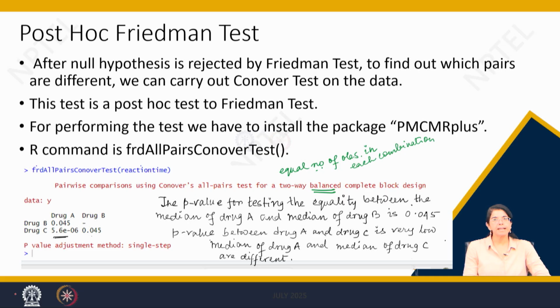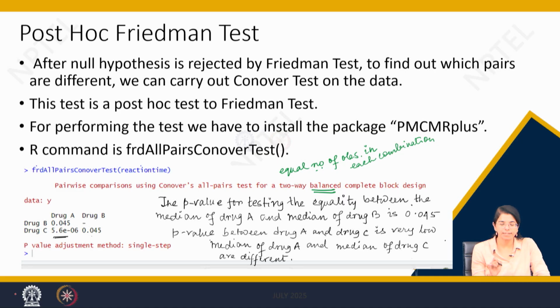Now let me explain this output a little bit. After running that R command over the reaction time, because reaction time is our observations for the last example, you are performing that Conover test over the reaction time. Now, pairwise comparison using Conover's all pairs test for a two-way balanced complete block design.